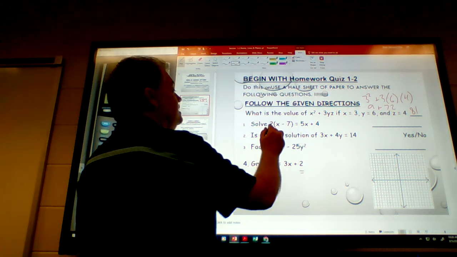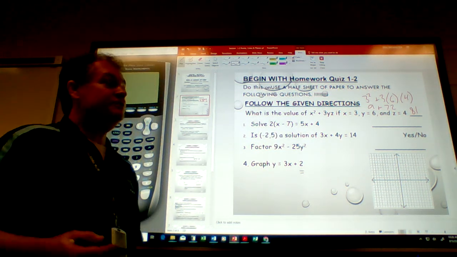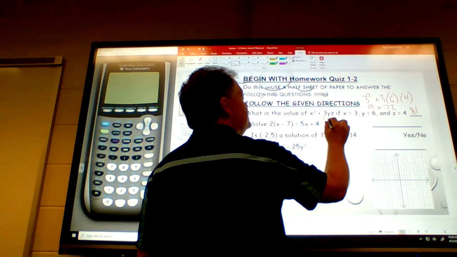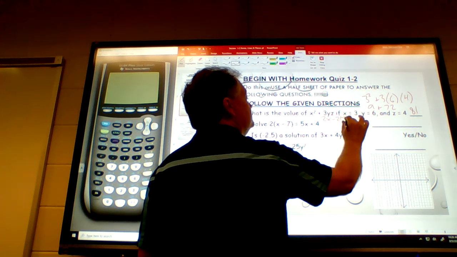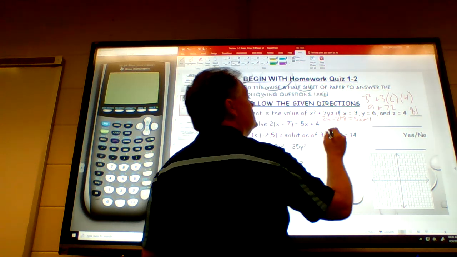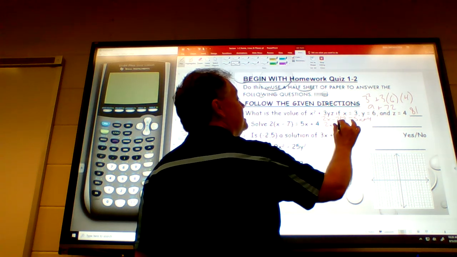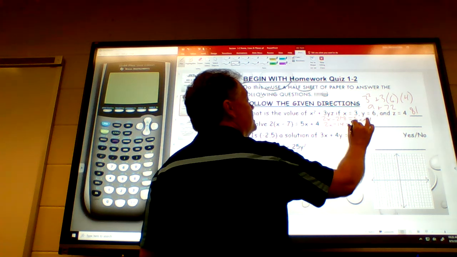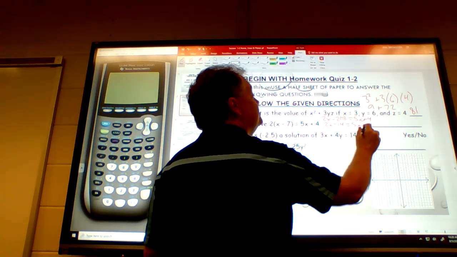Now, the number 2 on the outside of the x minus 7 means you distribute. So I got 2 times x minus 2 times 7 equals 5x plus 4. Now 2 times x is simply 2x, minus 2 times 7, that's 14, equals 5x plus 4.